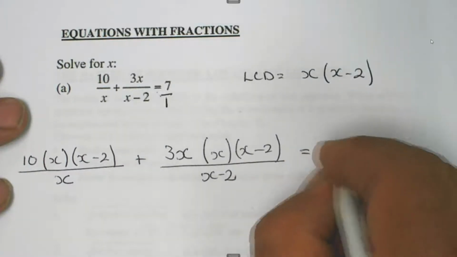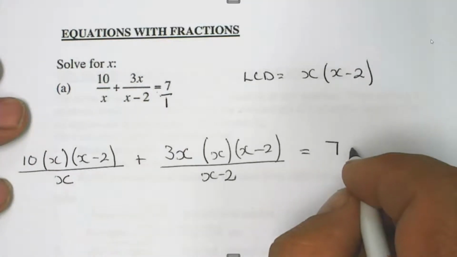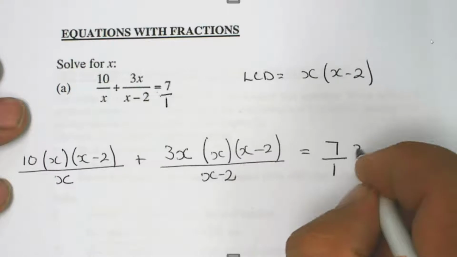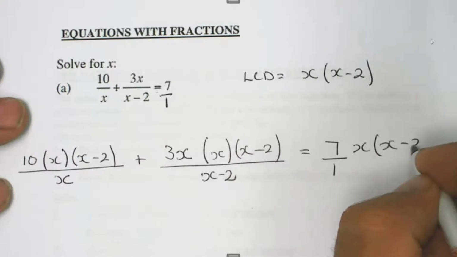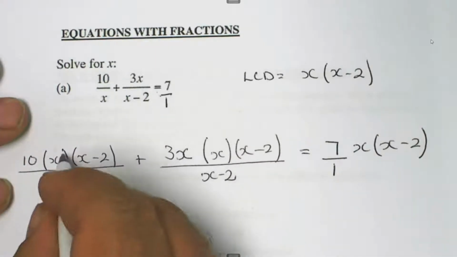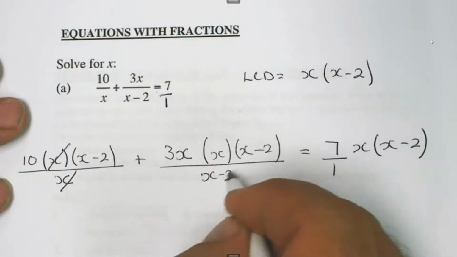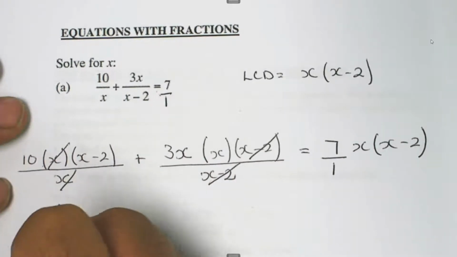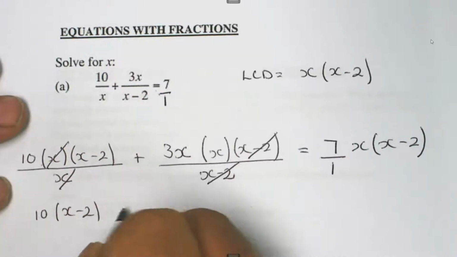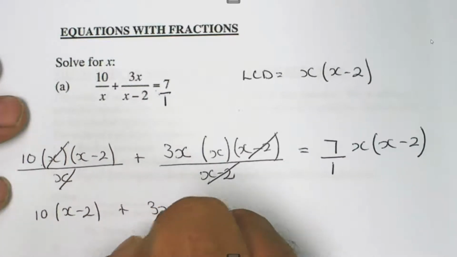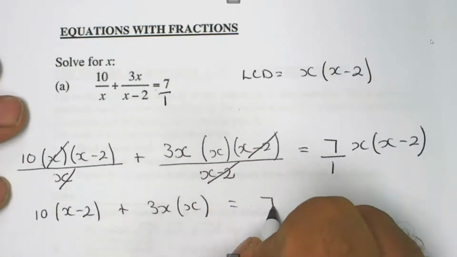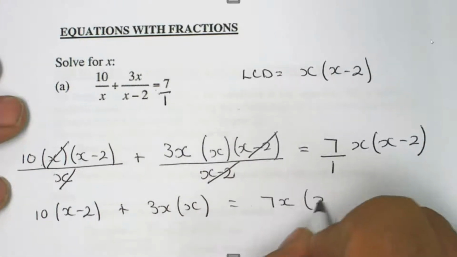And this here becomes 7 over 1, and are multiplied by the LCD, x bracket x minus 2. So that cancels out, so that cancels out, so I get 10 times that. So it's 10 brackets x minus 2 plus 3x multiplied by x, that is equal to 7x bracket x minus 2.